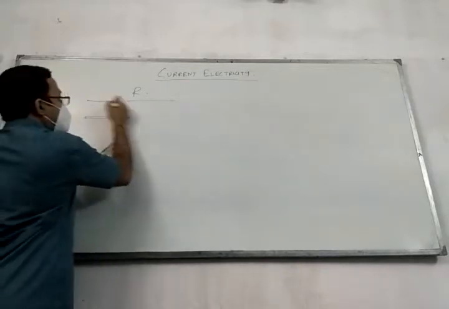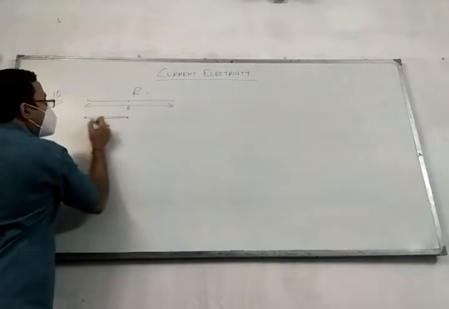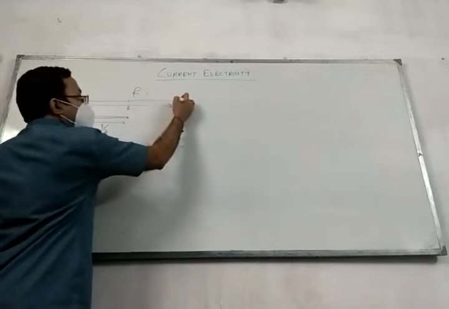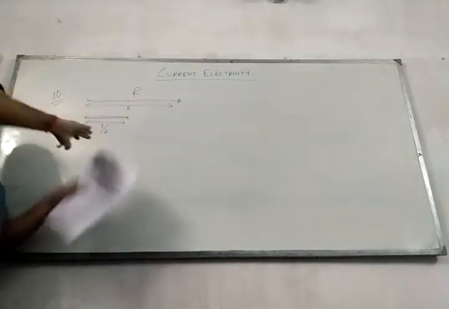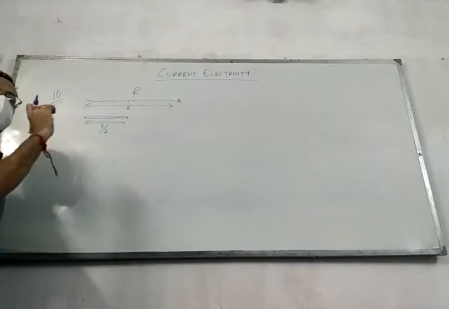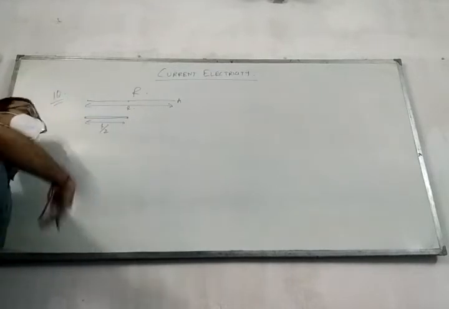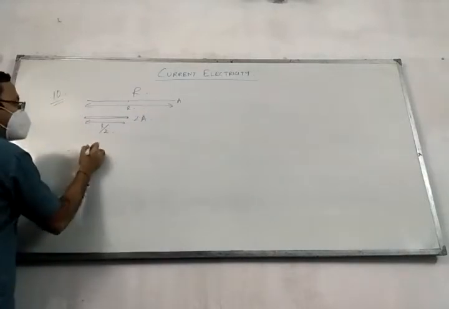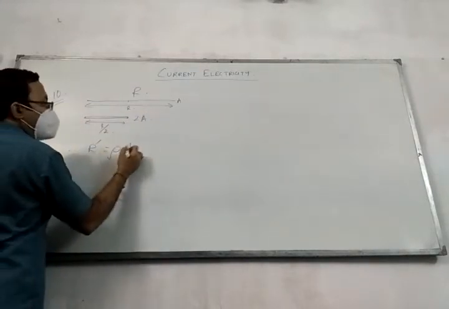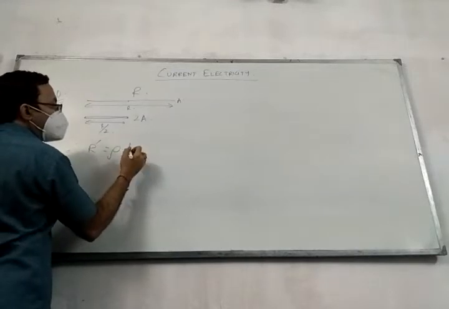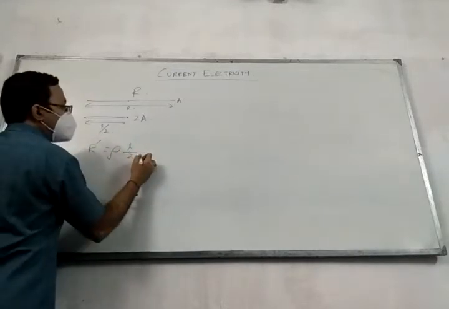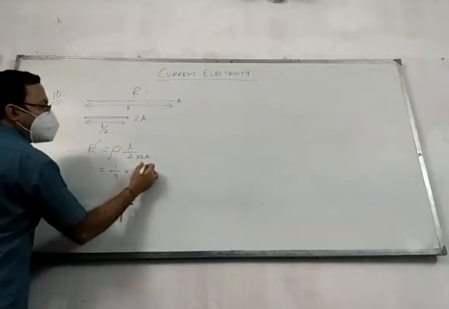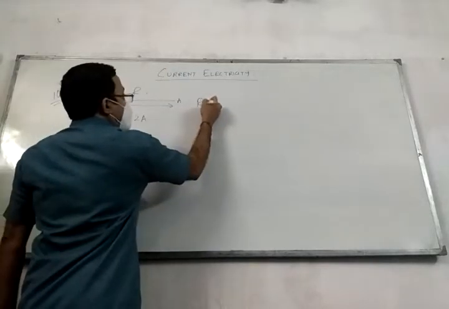See, here if the length is L, this length will be L by 2, and if the area of cross section is A, since we have bent it, obviously the wire has become more thick, that is, area of cross section has doubled. So R dash will be rho into L by 2 over 2A, so that is 1 by 4 into rho L by A. And what was the earlier R?